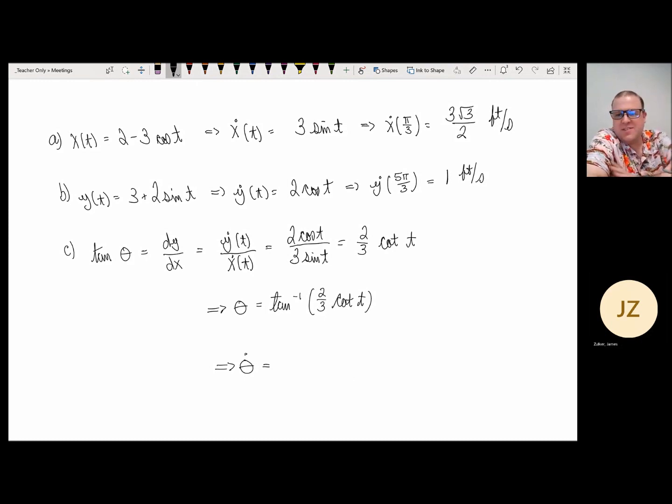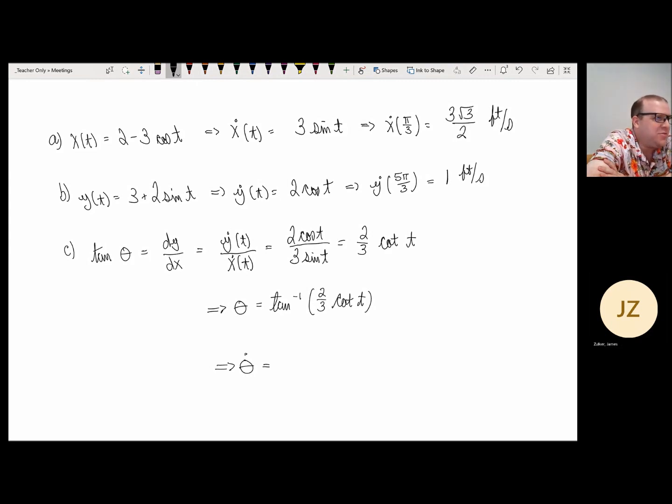The derivative of the inverse tangent of u is the derivative of u over 1 plus u squared.